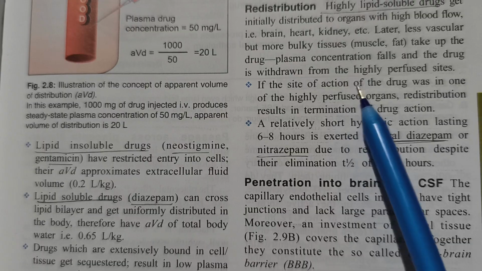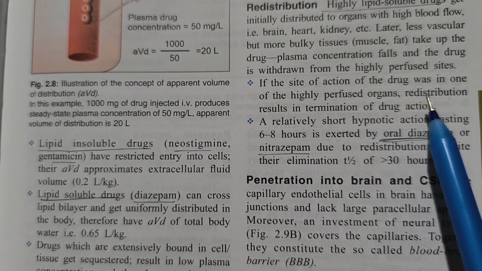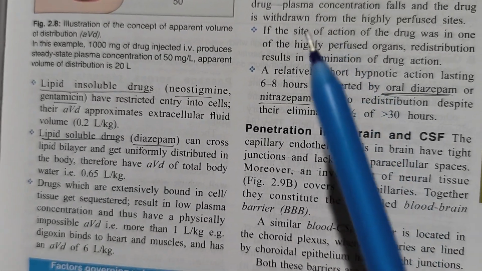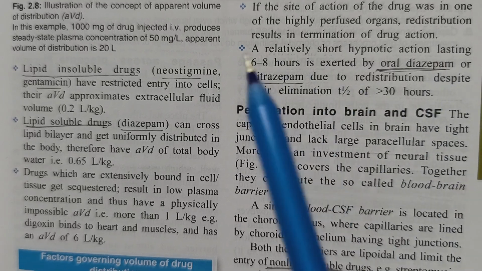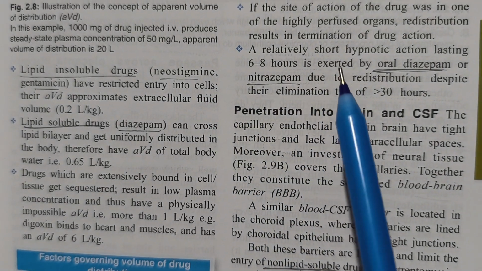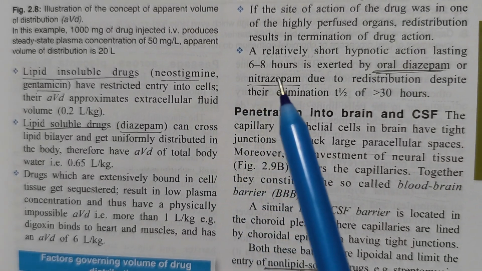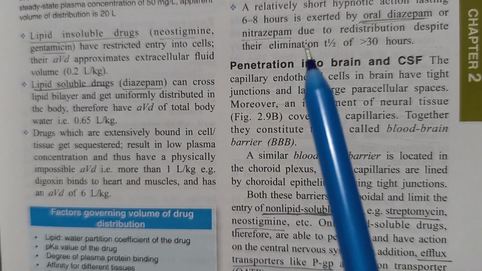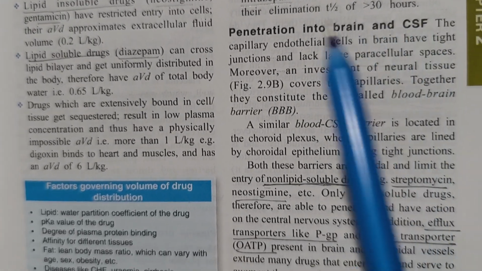If the site of action of the drug was in one of the highly perfused organs, redistribution results in termination of drug action. A relatively short hypnotic action lasting 6 to 8 hours is exerted by oral diazepam or nitrazepam due to redistribution despite their elimination half-life of more than 30 hours.